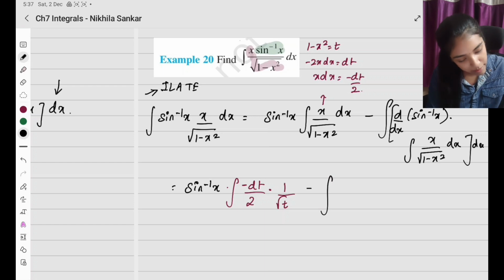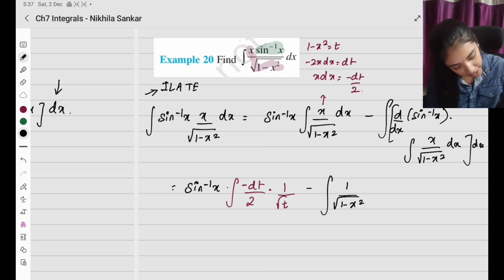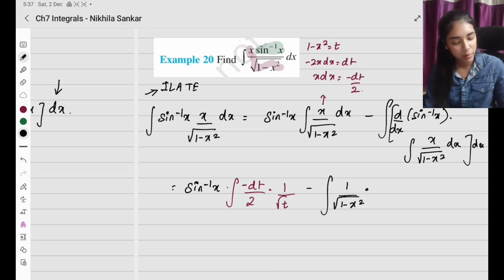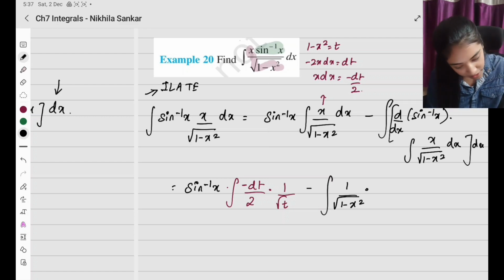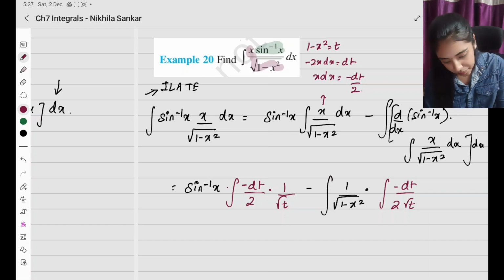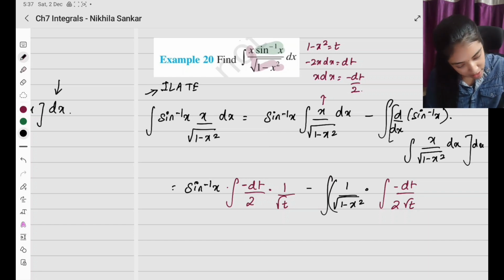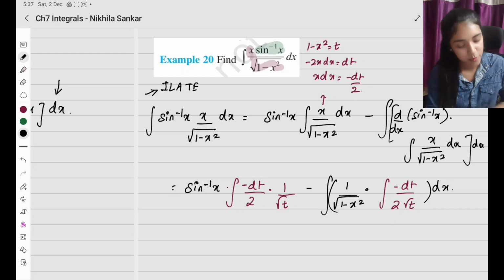Minus integral of d by dx of sine inverse of x, which is going to be 1 by square root of 1 minus x square, times, I again have integral of x divided by square root of 1 minus x square. So it is going to be the same thing. So whatever you got here, this is integral of minus dt divided by 2 root t, times, close the bracket, times dx.